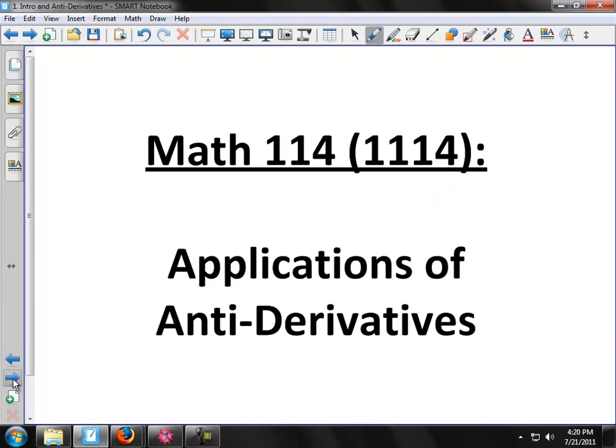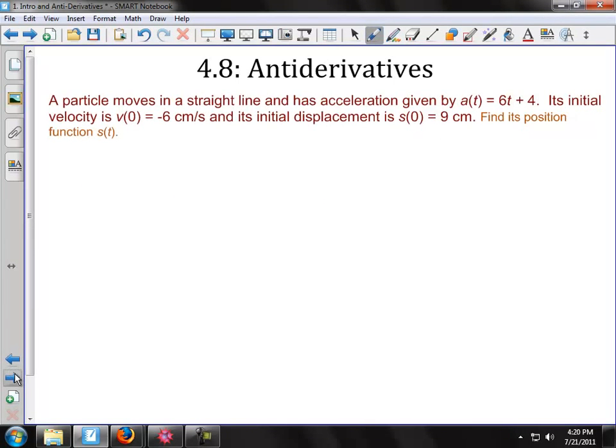So one of the big applications of derivatives was with position and velocity and acceleration. So that's a big application of antiderivatives as well. If you're given the acceleration, like here you're given the acceleration is 6t plus 4, then we're asked to find the position function. And they're given the initial velocity and the initial displacement.